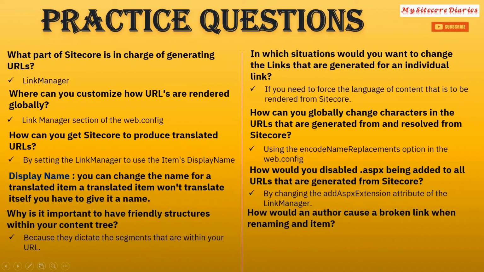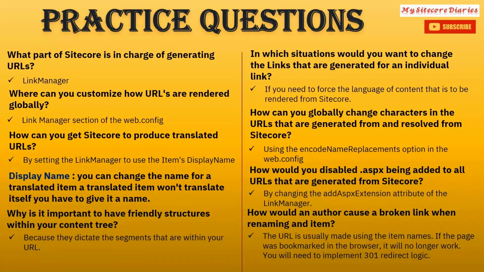How can an author cause a broken link when renaming an item? The URL is usually made using the item names. If the page was bookmarked in the browser, it will no longer work and you will need to implement 301 redirect logic. As you know, in Sitecore the URLs are the same as the content structure, and there you have an item name.